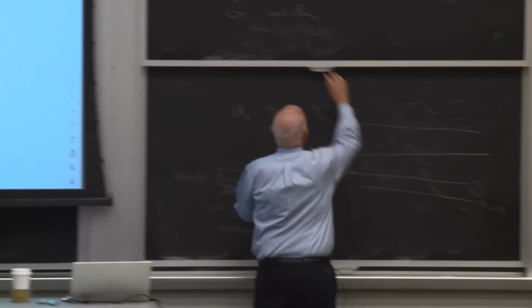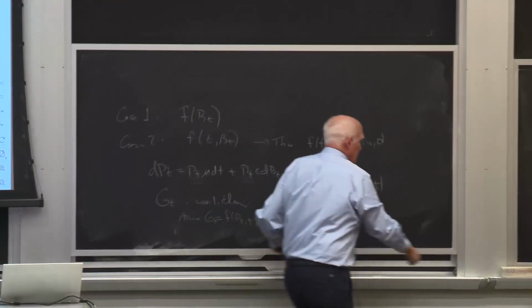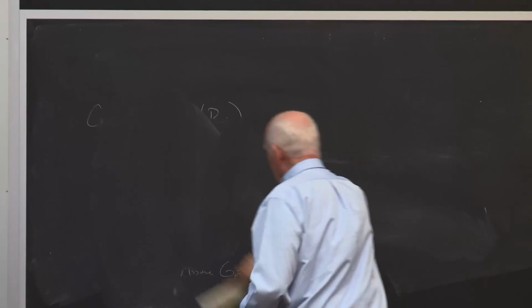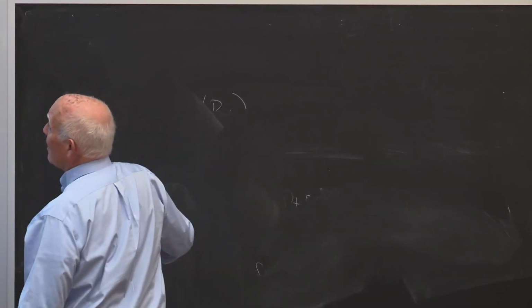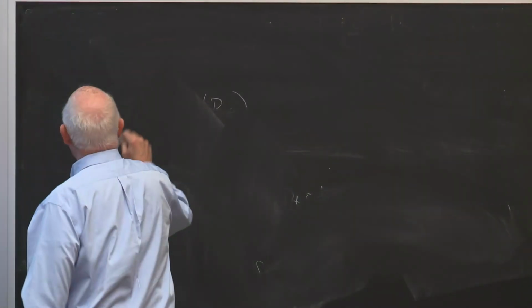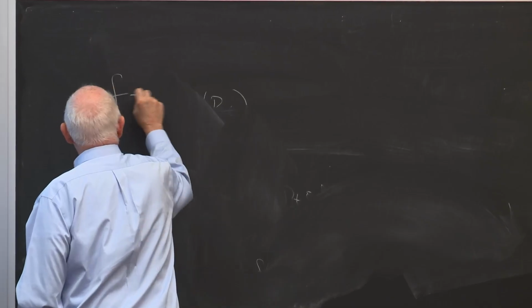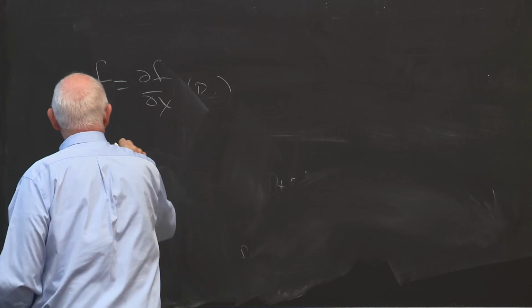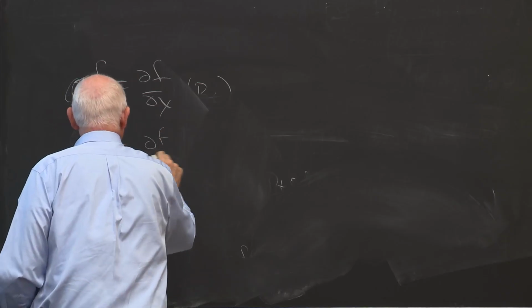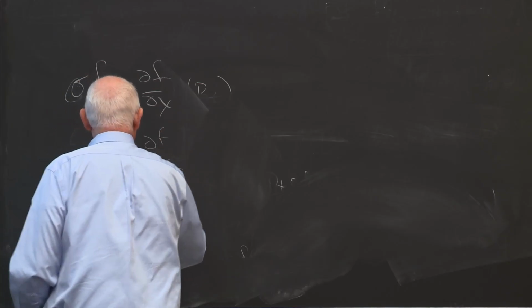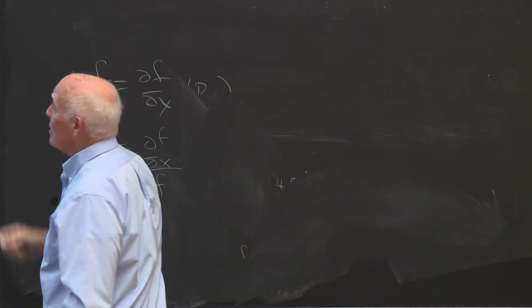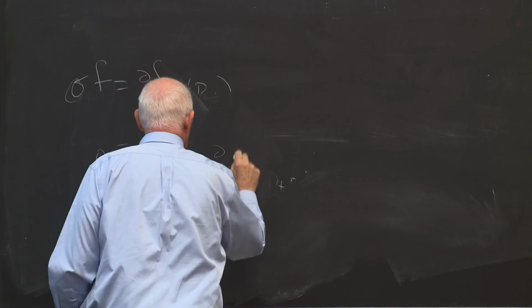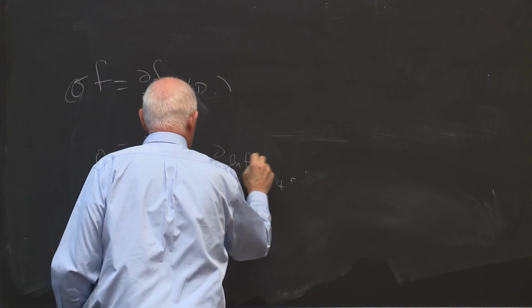Let me just write that out. Okay, so we have sigma f is equal to df by dx. And so we get sigma is equal to df by dx over f, and this is equal to d by dx of log of f of x.